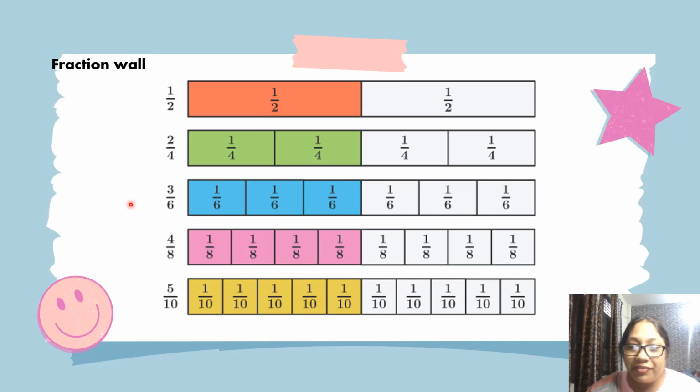This is called a fraction wall. ये जो fraction wall है हेल्पफुल होती है इक्विवेलेंट फ्रैक्शंस को फाइंड आउट करने के लिए. This fraction wall is very important for equivalent fractions. First one is showing half, second one is 2/4, third one is showing 3/6, fourth one is 4/8 and the fifth one is showing 5/10. सारे अलग अलग fractions हैं.